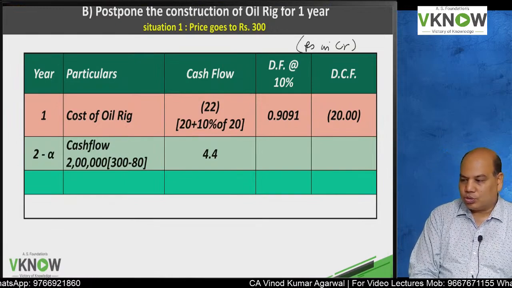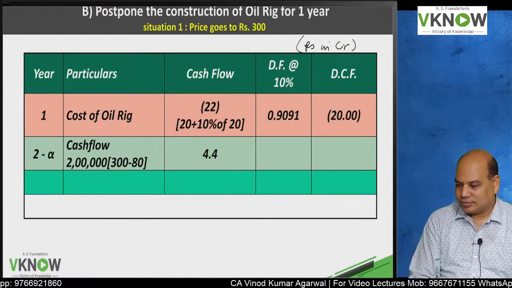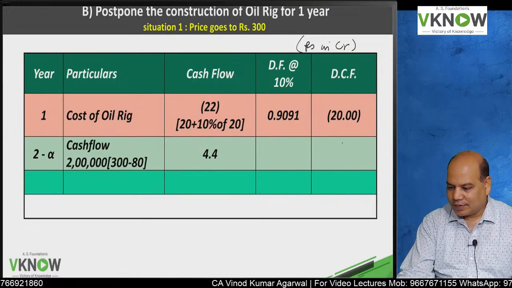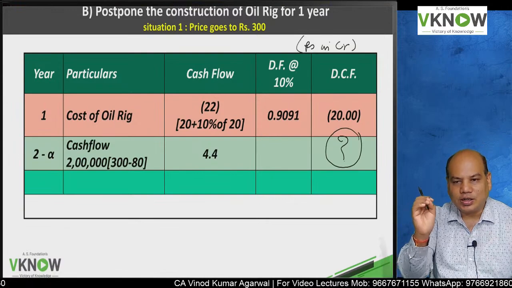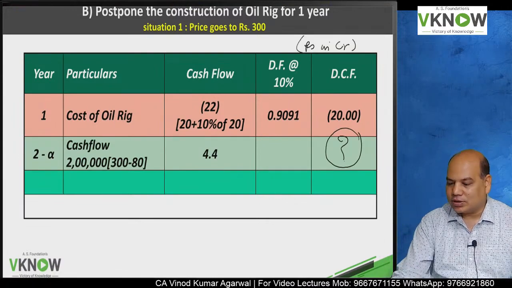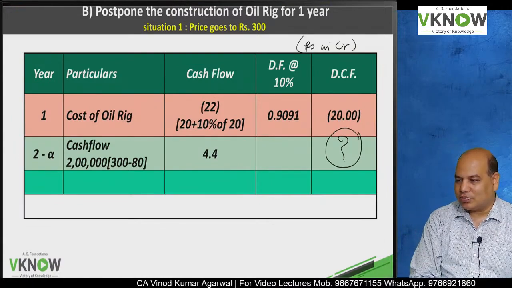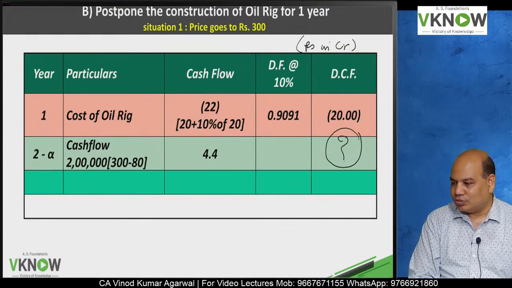Okay, now I am going to ask you a question. Same question. Please reply. Let me understand whether you are understanding something or not. For the last 10 days we are learning this chapter. Can you find present value?